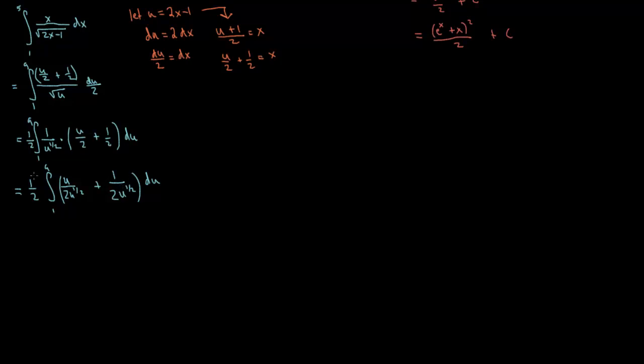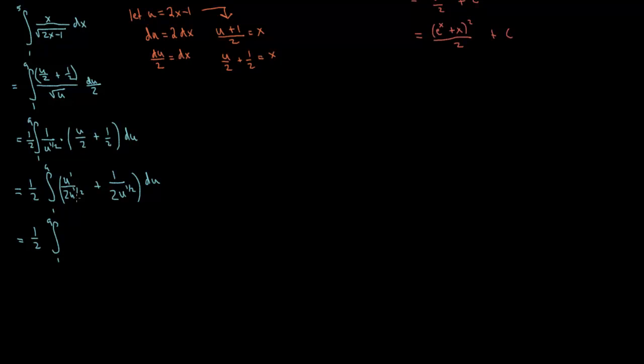Okay, almost there, almost ready to antidifferentiate. So we have a 1/2 out front. We're taking the definite integral from 1 to 9. Now, what does this term simplify to? This is u to the first power, understood, over 2u to the 1/2 power.